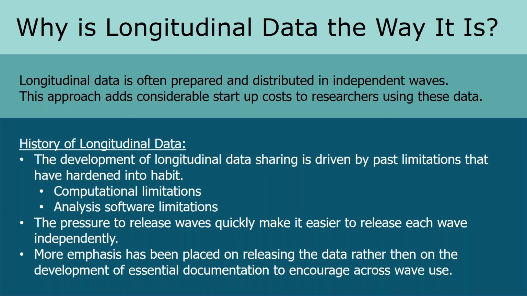In other words, it takes a lot of resources to retrospectively harmonize a longitudinal data set. And that's essentially one of the roles of NACDA. We take on that function as much as possible for key NIA-funded studies.